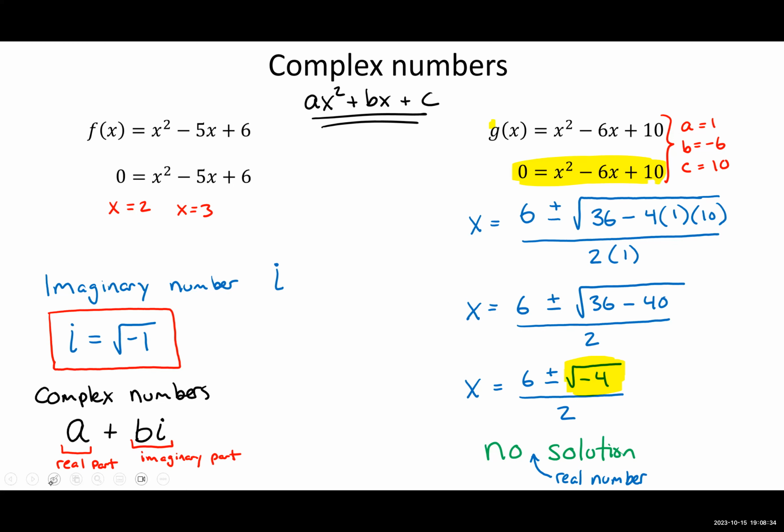So for example, what does a complex number look like? Well, 2 plus 3i, that's a complex number. -4 plus 26i, that's a complex number. 4i, that's a complex number, because even though there's nothing written for the real part, we could say 0 plus 4i. 6 is a real number, but it's also a complex number, because we could write 6 as 6 plus 0i.